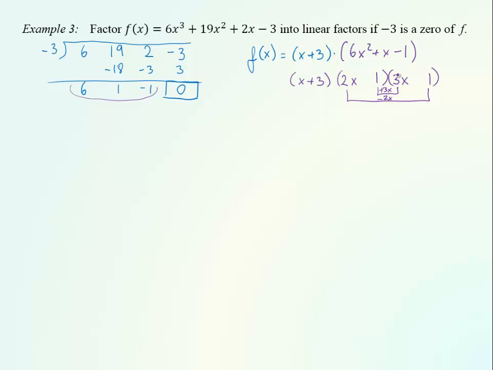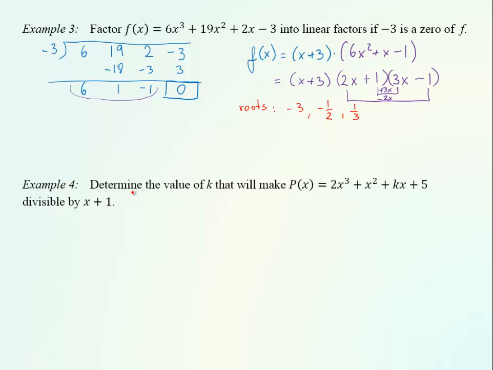Therefore, this product must be positive, so I need to have a plus here. This product must be negative, so I need to have a minus there. And yes, we already have the factored form. Now we can easily read all the roots of polynomial f. So the roots are -3 from the first bracket, -1/2 from the second bracket, and 1/3 from the third bracket.